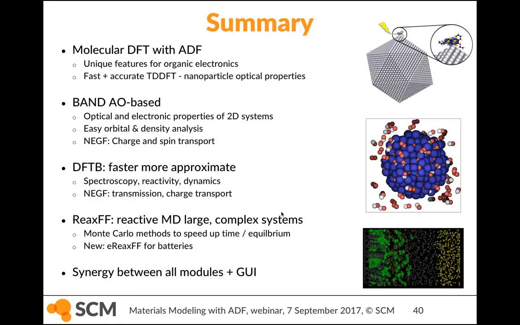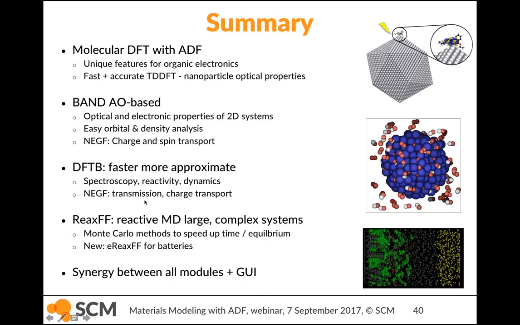So we have fast and accurate TDDFT methods, making them even faster, as well as ways of dealing with molecules sitting on large metallic nanoparticles, looking at surface enhanced Raman and similar properties. Then the periodic extension of ADF, BAND, has some really interesting properties, specifically looking at two-dimensional systems where you can treat the electronic properties as well as the optical properties. And you can also look at charge and spin transport.